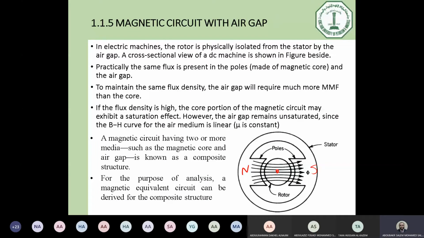Let's assume an example for a magnetic circuit in a DC motor, for instance.